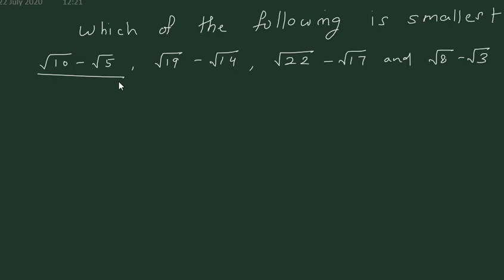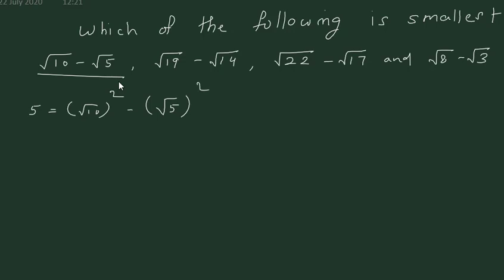So what I will do, I will write this difference 5 as root 10 the whole square minus root 5 the whole square. Fine.